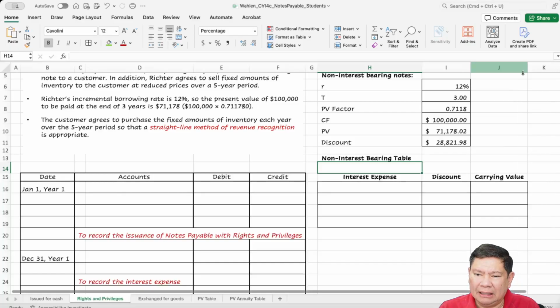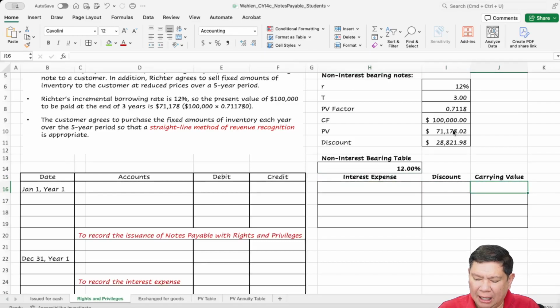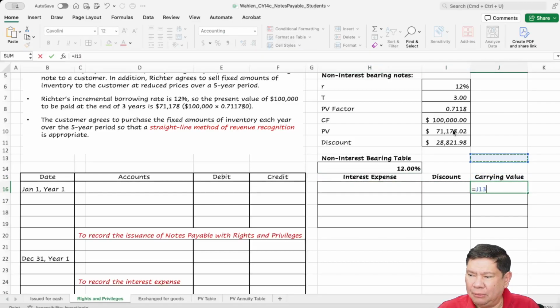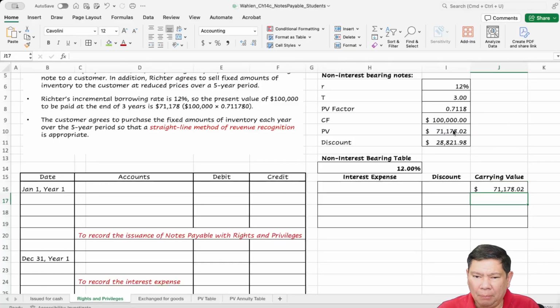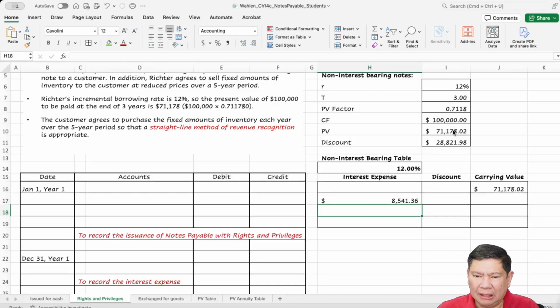Okay, so then we can calculate the amortization of the discount using 12% interest. The carrying value, we start with 71,178.02, and then the interest expense is 12% times the carrying value, 8,541.36.